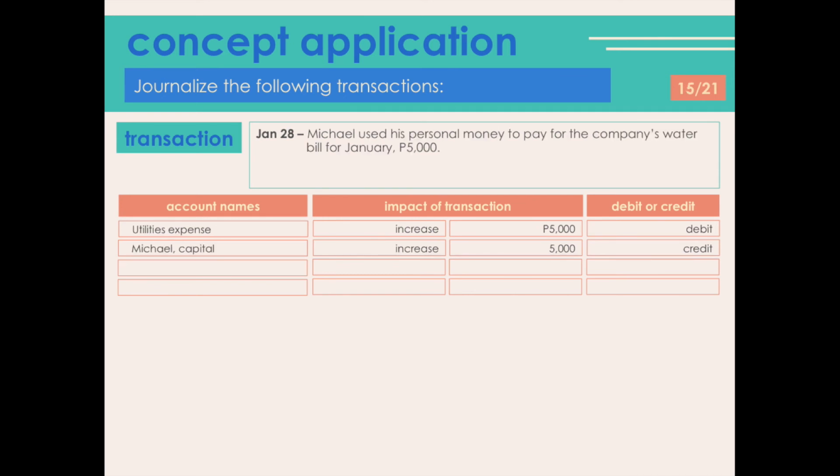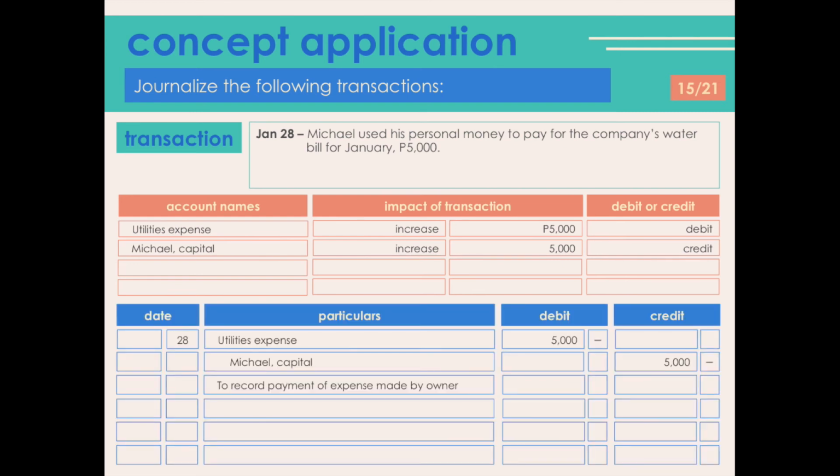January 28. Michael used his personal money to pay for the company's water bill for January, 5,000 pesos. Again, here we see the words Michael and personal money, and these indicate that this is also a transaction relating to the owner. In situations when the owner uses his personal assets like money to pay for the company's expenses, we treat that as if the owner made an additional investment into the company.